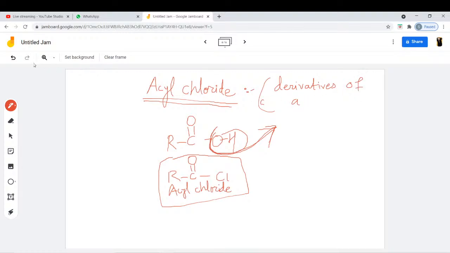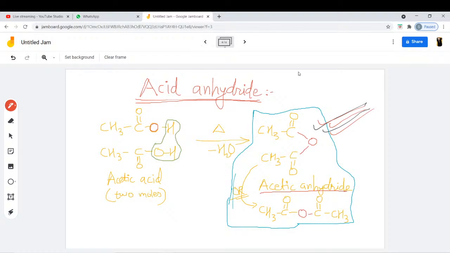These are the derivatives of carboxylic acids. And one more thing, acid anhydrides are also derivatives of carboxylic acids, or you can say organic carboxylic acids.